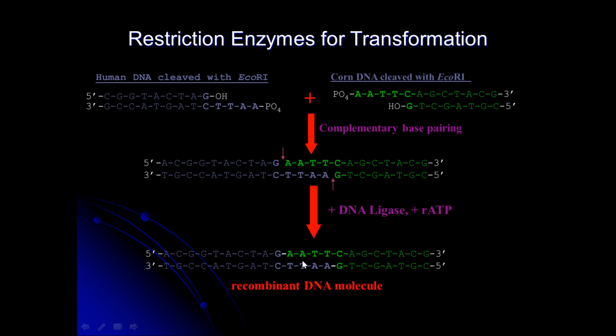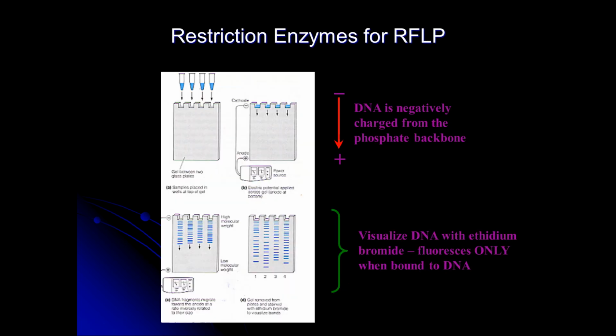This is known as a recombinant DNA molecule, and this is known as transformation, which transforms the original human DNA with corn DNA. Clear? So this is the application of the restriction enzyme used in transformation techniques.